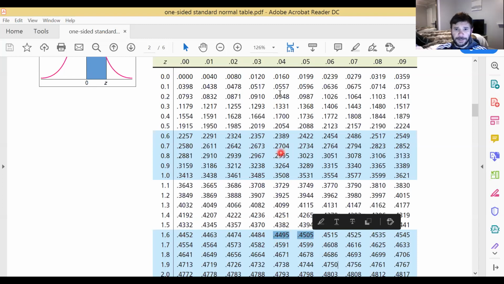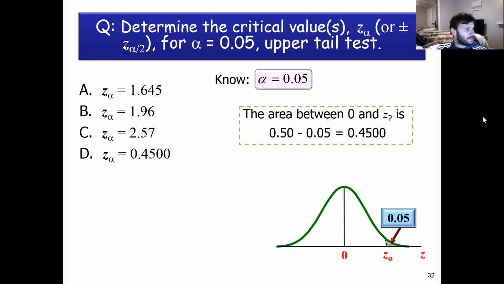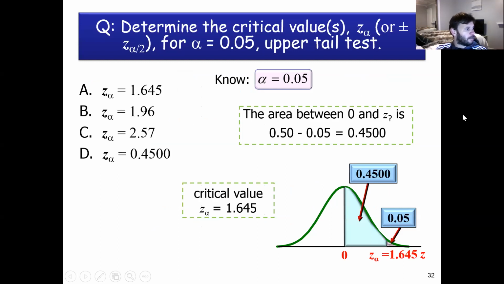And if you look up at the columns here, you'll see it corresponds to either a value of 1.64 or 1.65. So we're going to just average those two values to compute what that Z threshold is. And that comes out to a value of 1.645 as approximated by that standard normal table.